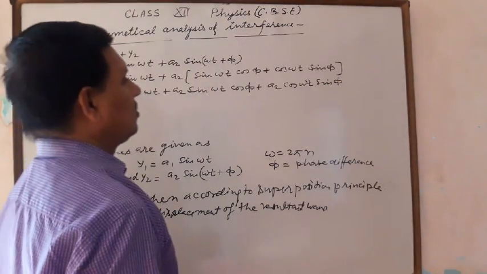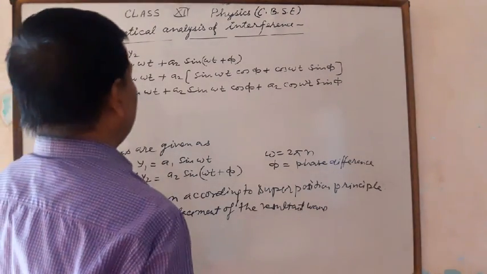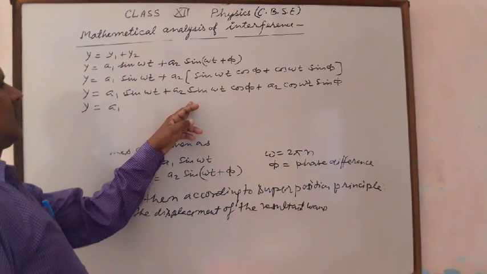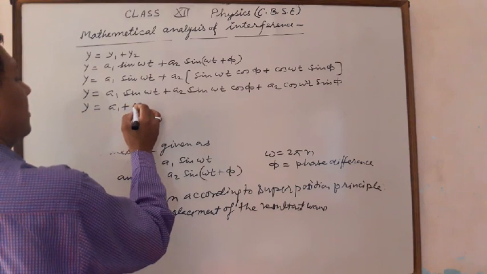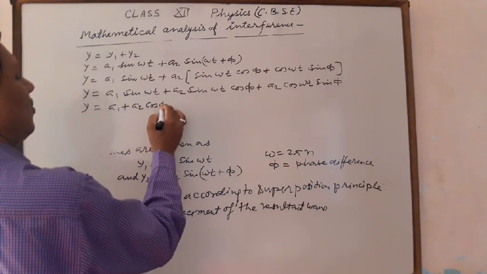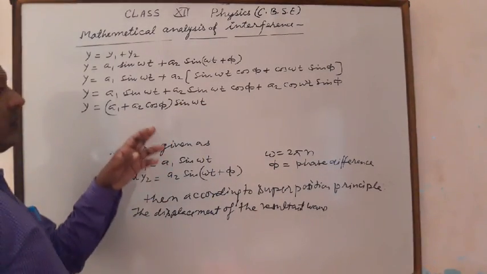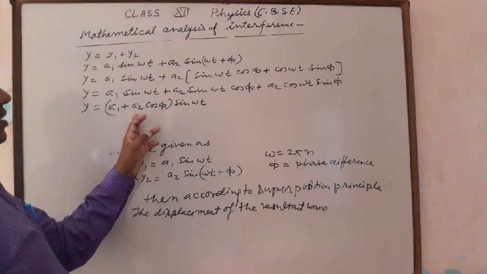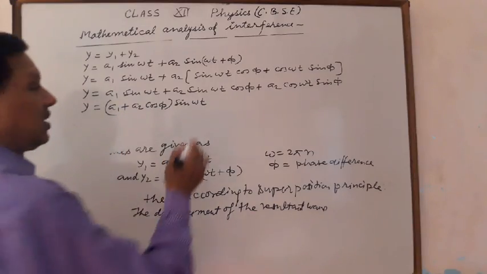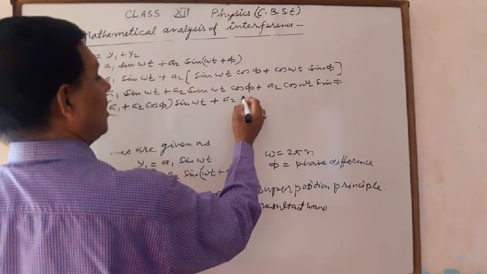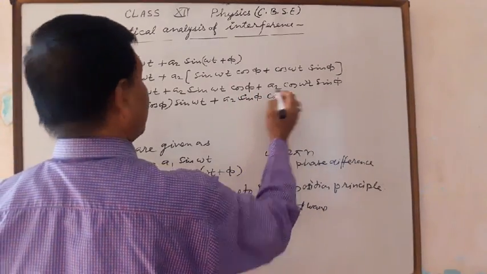Taking sin omega t as common, this is written as y is equal to (A1 plus A2 cos phi) sin omega t plus A2 sin phi cos omega t.